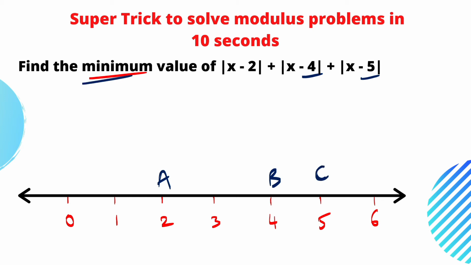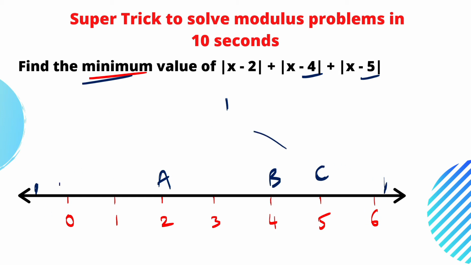Now what does this mean? Minimum value. What is minimum value? A, B and C must meet at one point such that the value must be minimum. That shouldn't be greater than the value at some other meeting point. So let us say A, B, C can meet somewhere here. A, B, C can also meet somewhere here.